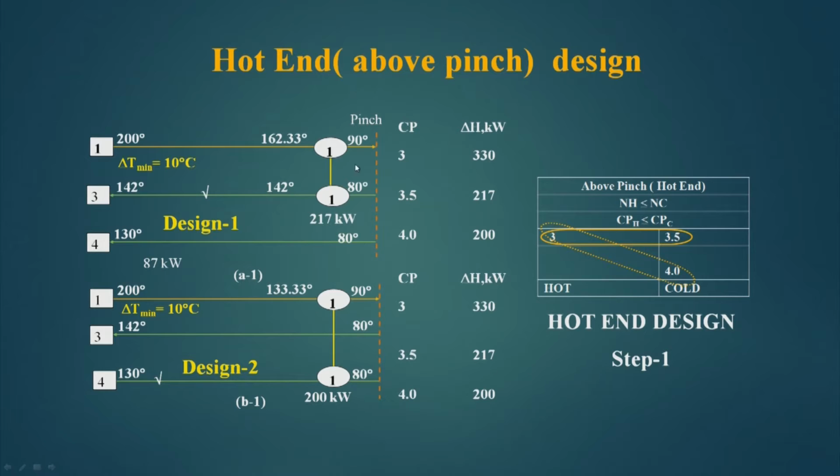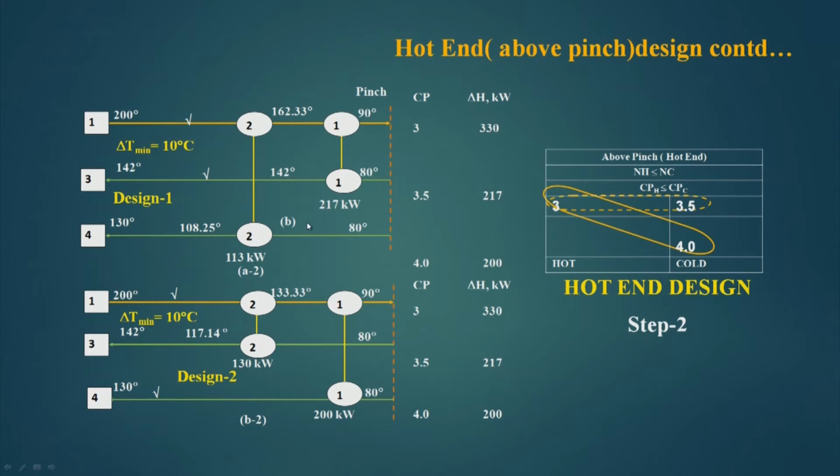So, we are able to put one heat exchanger, and we are developing 2 designs simultaneously here for the hot end. Now, let us see the second step. Now, it is step 2. Here we have already put one heat exchanger. Now, we will put a second heat exchanger.